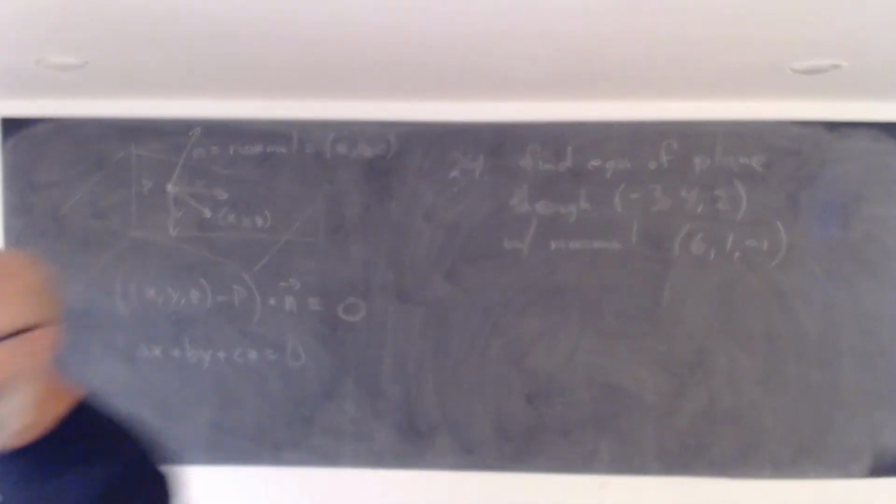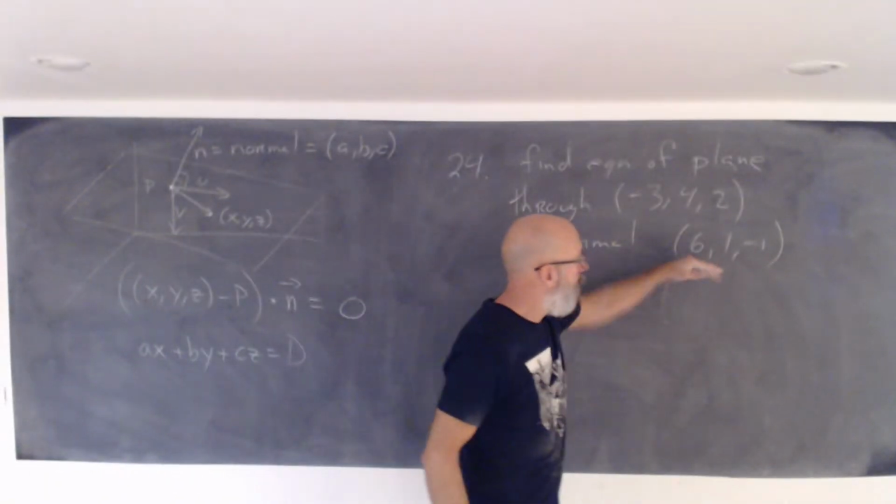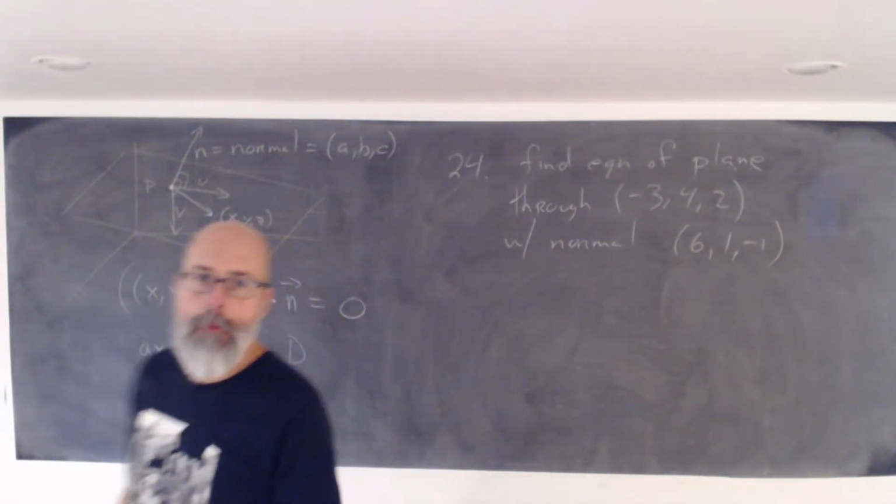An easy question to begin with. You know what to do. Your normal is (6, 1, -1).